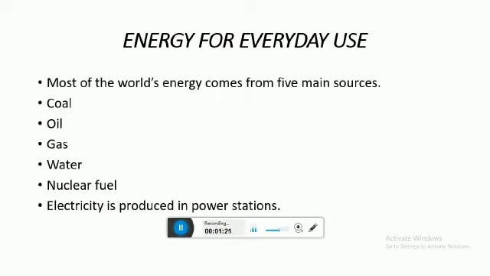If you remember, in the previous lecture I told you that most of the world's energy comes from the 5 major sources, and those are coal, oil, gas, water, and nuclear fuel. Of all these we use coal the most and nuclear fuel the least.